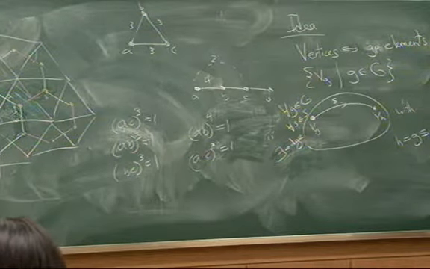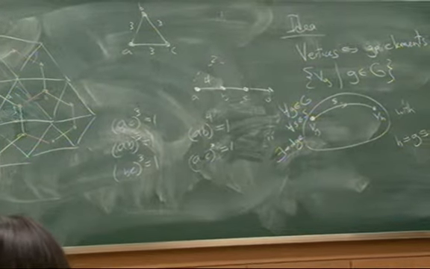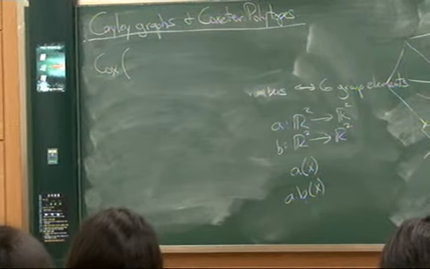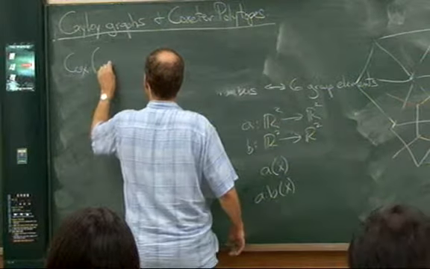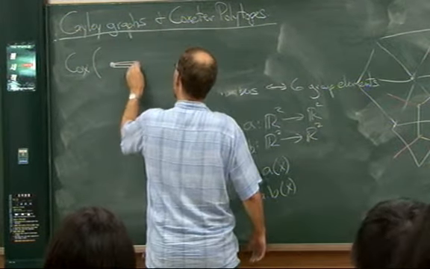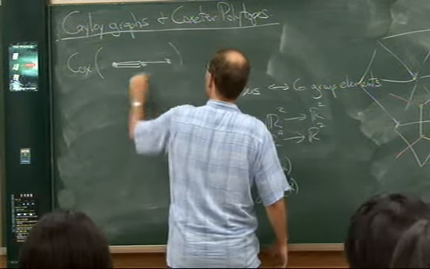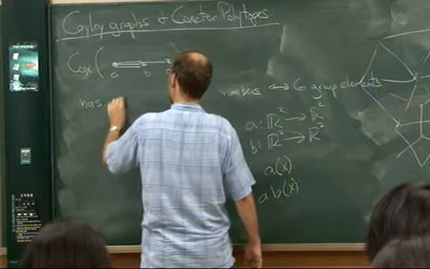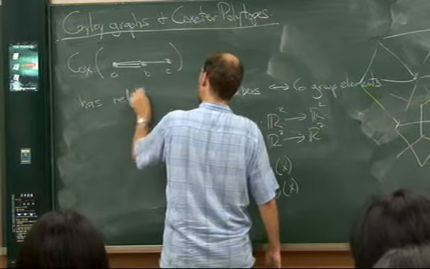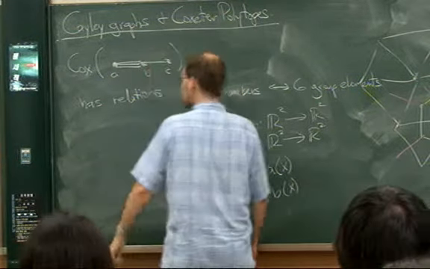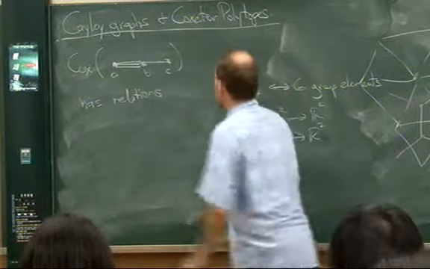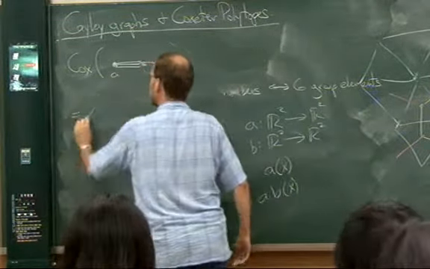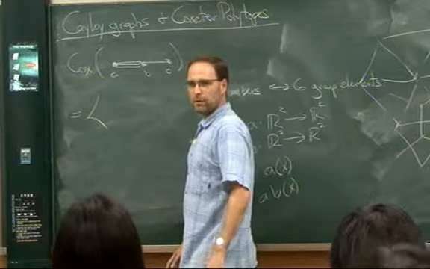And so, timing should just about work out. In the Coxeter group, let me pick one that's slightly interesting, G2 tilde, it has relations. And here I'm hoping most of you know group presentations?